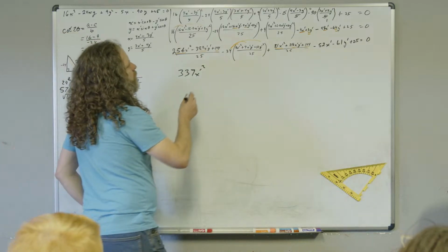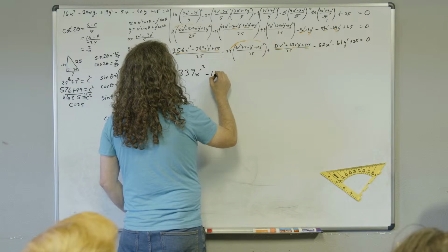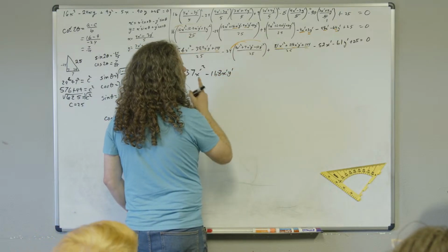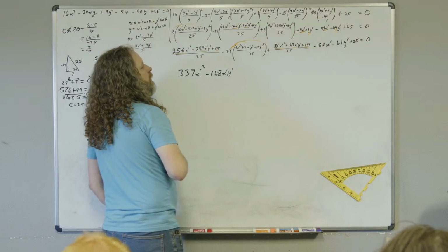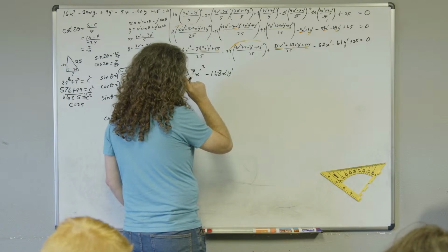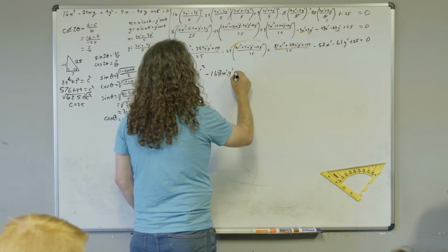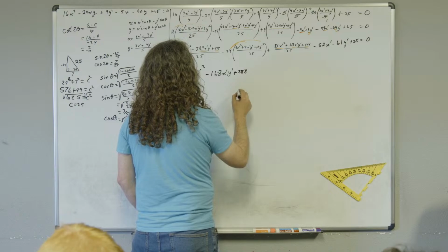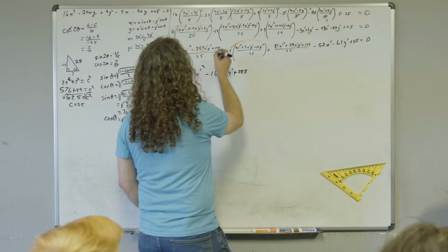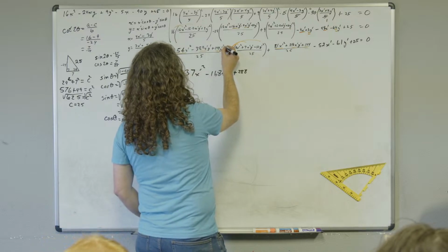And 144 plus 144 is 288. Shouldn't that have a y prime squared on it, right? Yes, it should. Both of those. That's funny, I missed it on both of them.